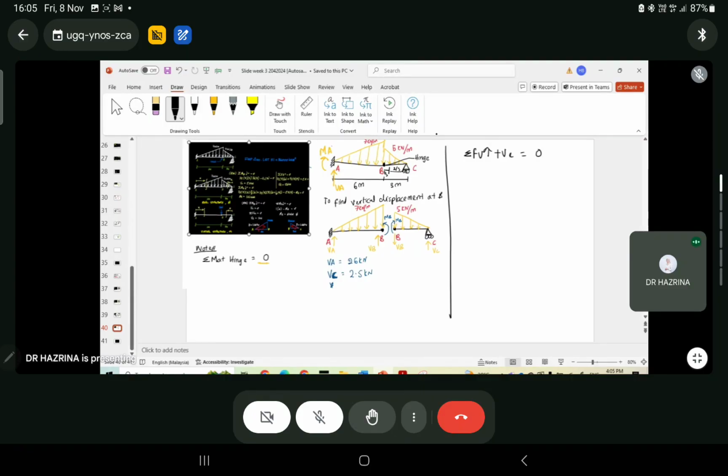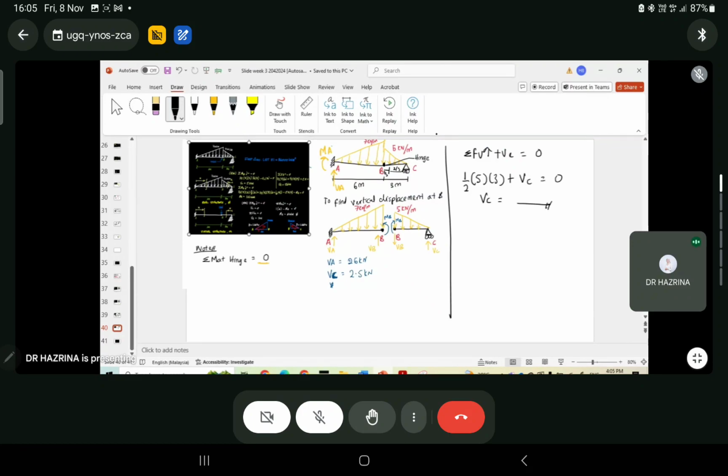So dalam kes ni you akan ada setengah kali dengan 5 kali dengan 3. Alright. And then you have plus VC sama dengan kosong. So then you akan dapat berapa you punya VC lah. Okay, let's say you dapat you punya VC.